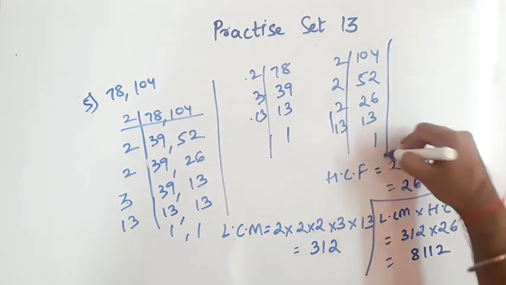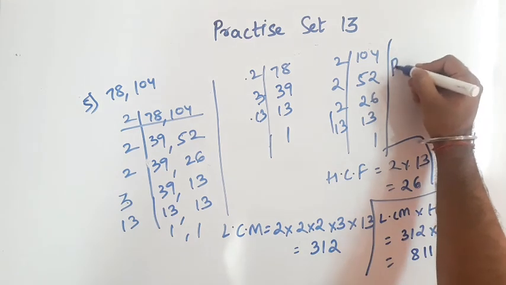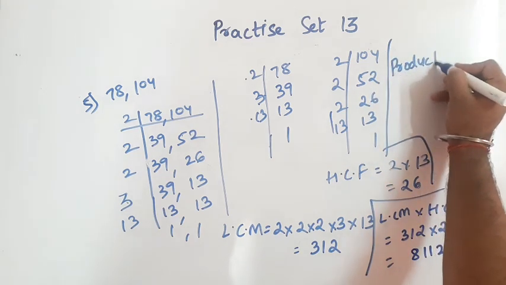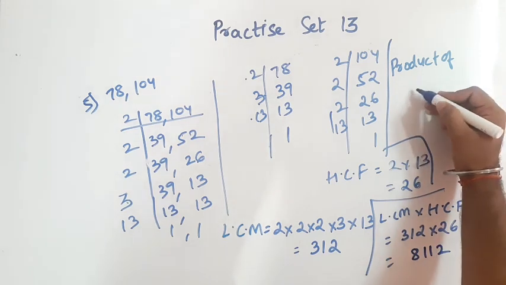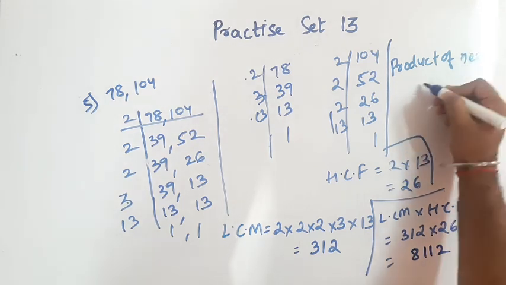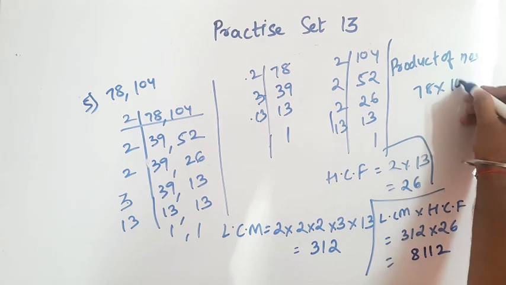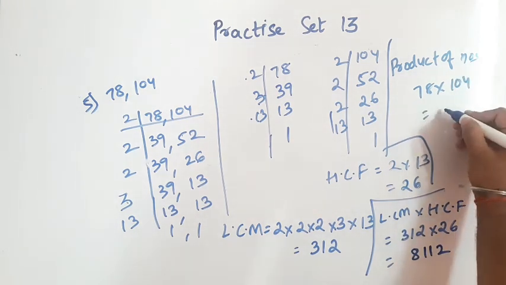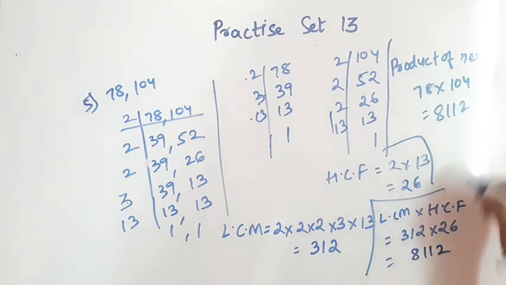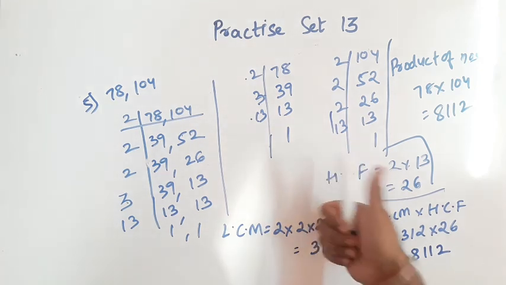Okay, and here also the product of the numbers, that is 78 into 104, you will get as 8112. So both are equal. Okay, with this we come to the end of practice set 13. Goodbye children, good luck.